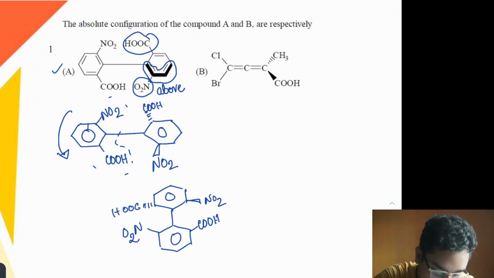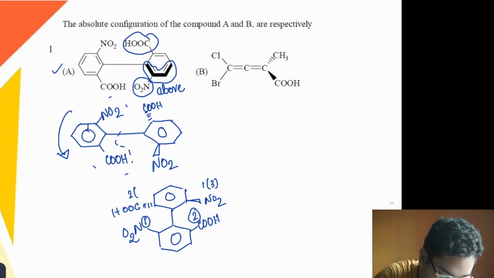Now we have to determine the priority. Between these two groups, this will be our first priority, since it is nitrogen and this is carbon. This will be the second priority. Similarly, in this phenyl group, this will be 1, that is pseudo 3, and this will be 2, that is pseudo 4. Now we put our horizontal one.